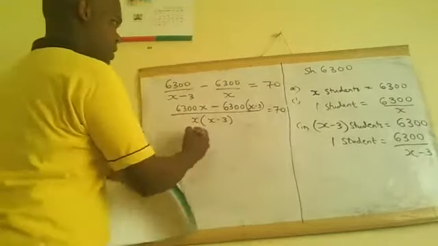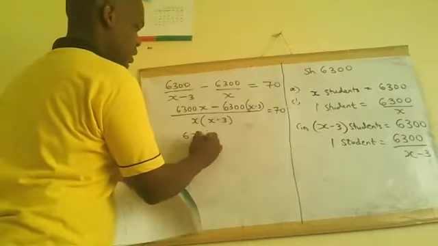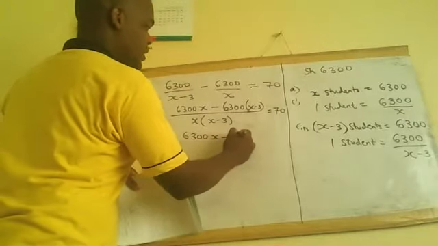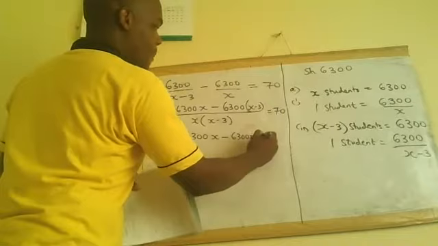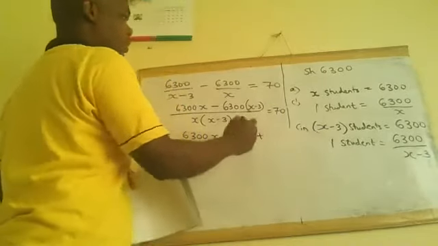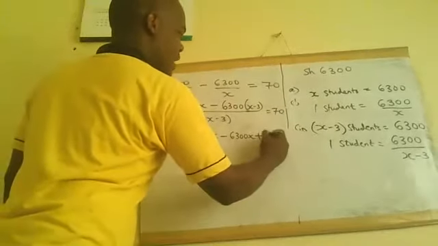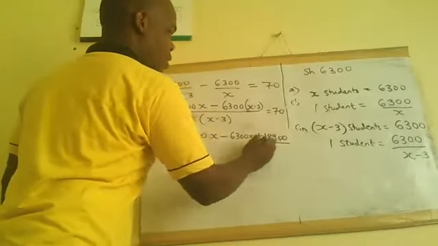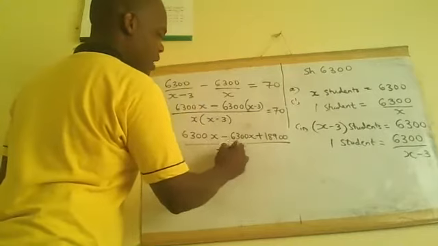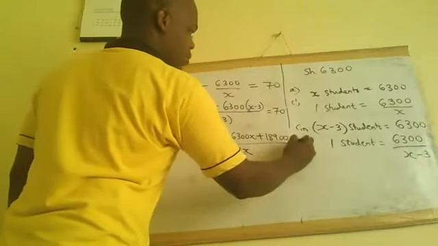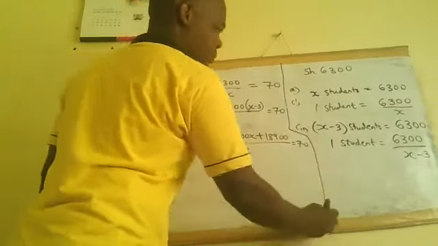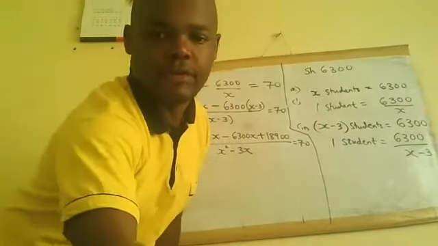Then after that, you evaluate, you get 6300x minus 6300x plus, because minus and minus is plus, 18900 over x squared minus 3x is equals to 70.